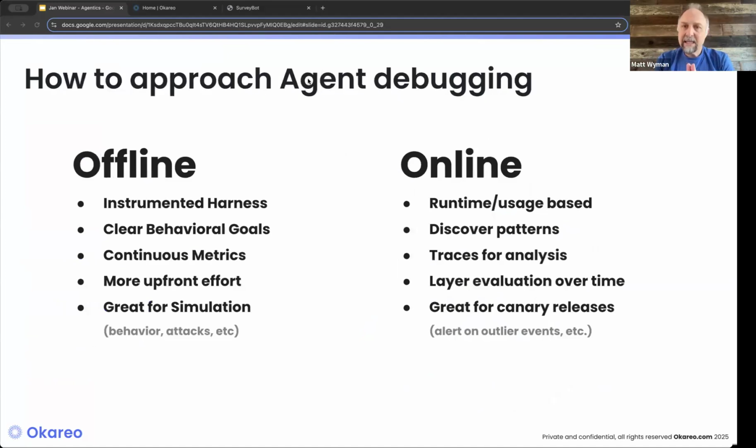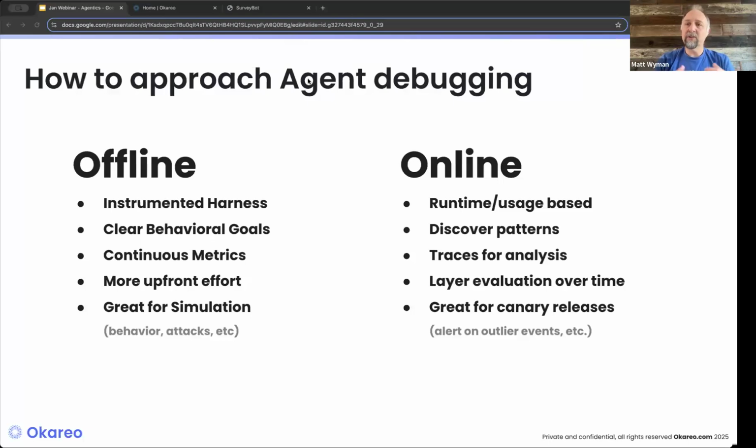Well, we like to think of this as sort of a two-handed activity. There are really two dimensions, if you will. There's offline evaluation and there's online evaluation. The best way to think about offline is simulation.